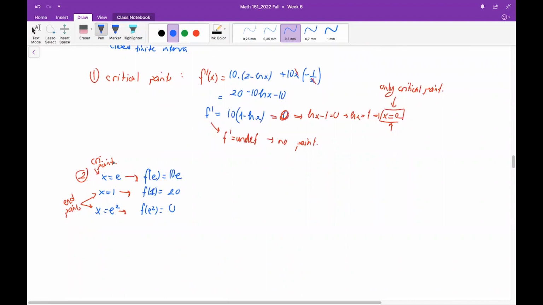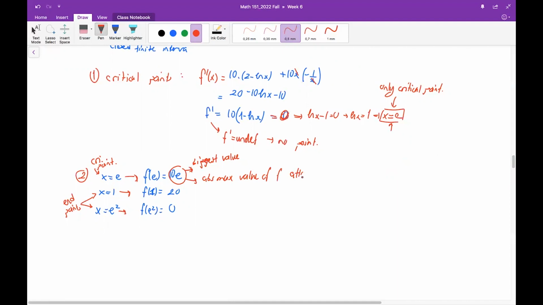We make a complete list of critical points and endpoints. We evaluate our function at all those points in our list. And now it is time to choose the biggest value, which is this one. This is the biggest value on this list. That's why I will call this value the absolute maximum value of f.